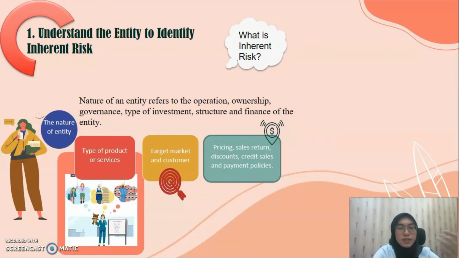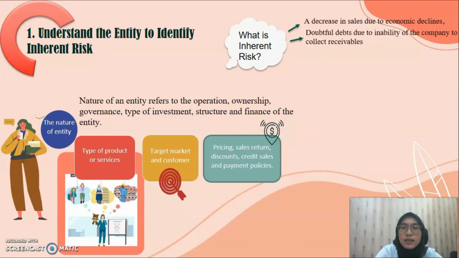The potential inherent risk might be derived from business risk, such as a decrease in sale due to economic decline, doubtful debt due to the inability of the company to collect receivables, or over or understatement of sale due to improper sale recognition. If we have a better understanding about the entity, this type of risk can be removed or reduced.